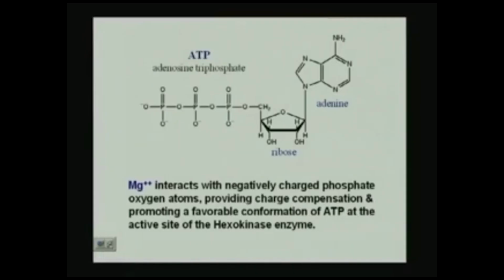We're not going to look at the details of how the enzyme works, but we have magnesium so that the ATP can be favorably interacted with, because we are finally going to break the final phosphate bond here.